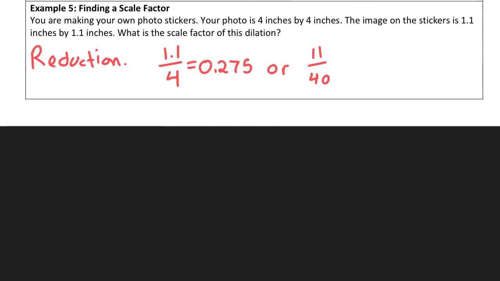For me, knowing that that reduction is a decimal that ends, it's easier for me to do that math with a calculator. But if I get something like 2/3, I am not going to multiply by 0.66 because that little bit of a decimal place being off could cause the picture to be a little different than what I actually wanted.